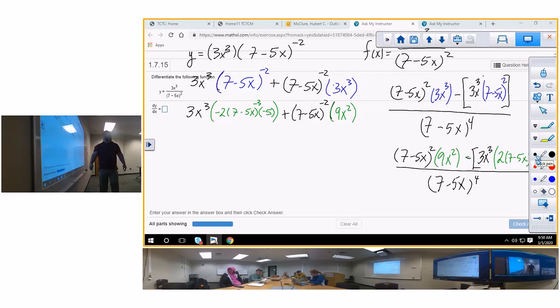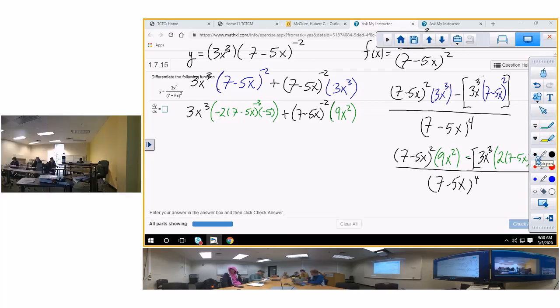Now over here, we're through with the calculus. All we got to do now is just do algebra. So I'm going to bring this negative 5 out.